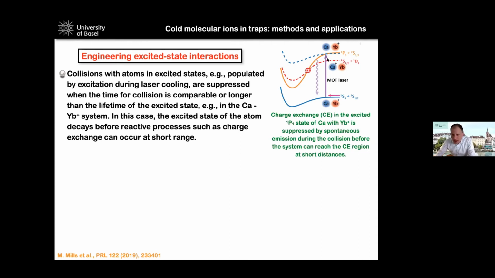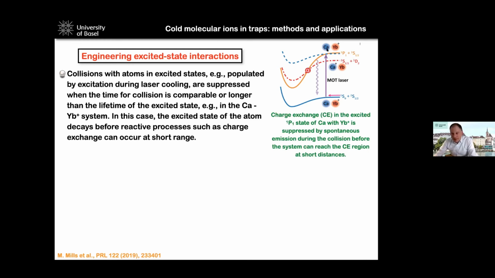Whether such a radiative charge transfer or radiative association process happens depends on whether the two collision partners come close enough so that, for instance, a bound state on the lowest potential energy surface can be populated.